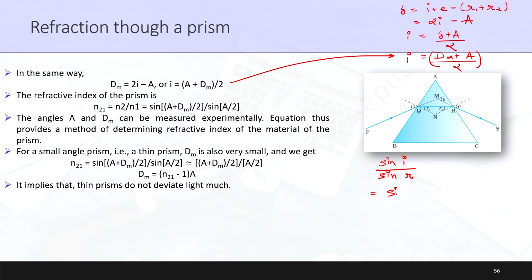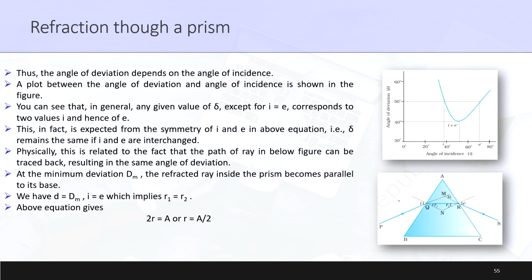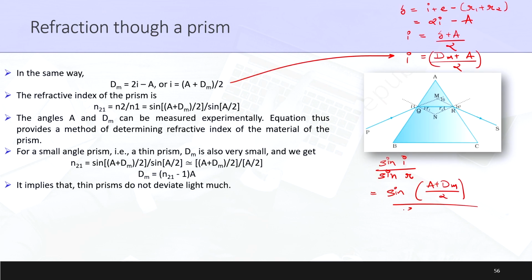Sin of I, we just derived, that is equal to A plus Dm by 2, upon, in the previous equation we derived r is nothing but A by 2. Therefore, this will be equal to sin of A by 2, and hence this is the equation being written here. That is, the refractive index of the prism n21, which is equal to n2 by n1, which is equal to sin of A plus Dm by 2 upon sin of A by 2. Hence, this is the complete formulation for refractive index.